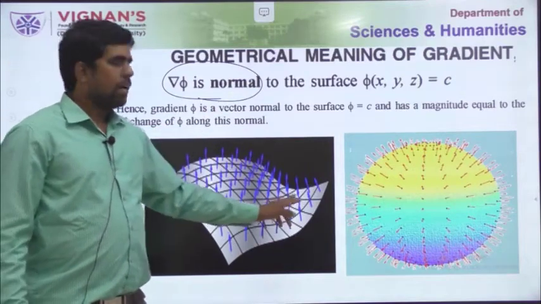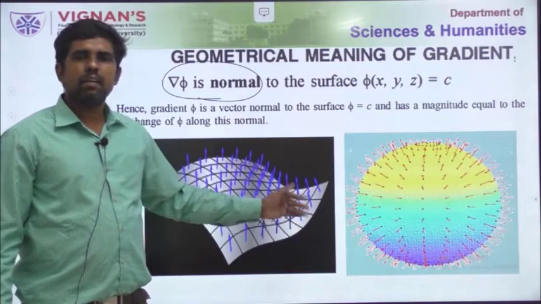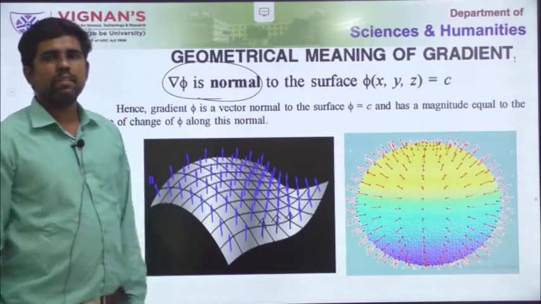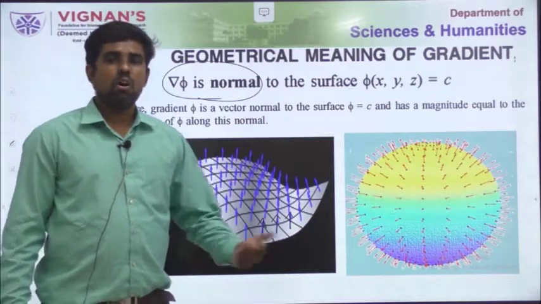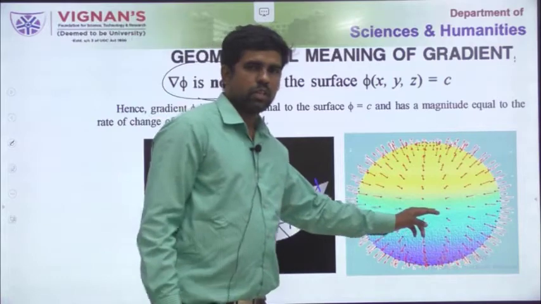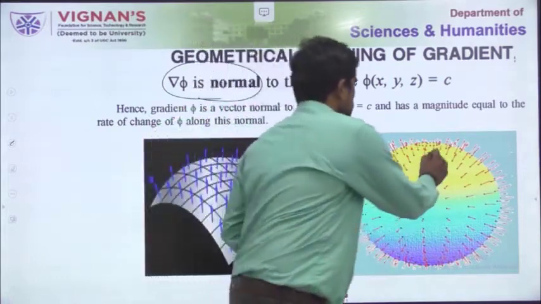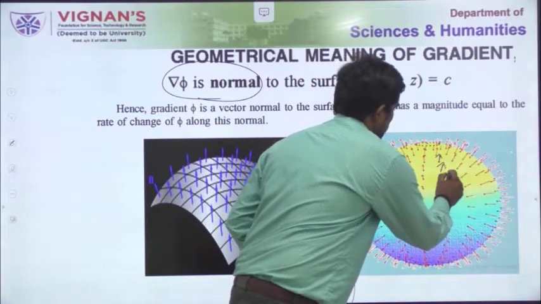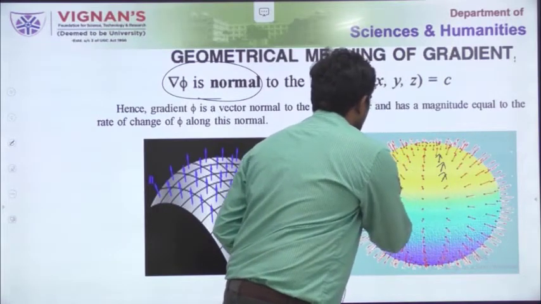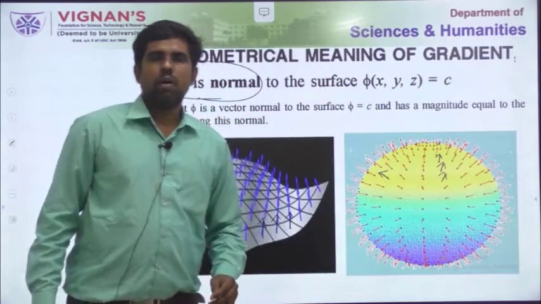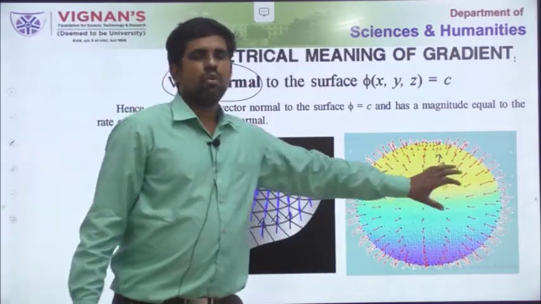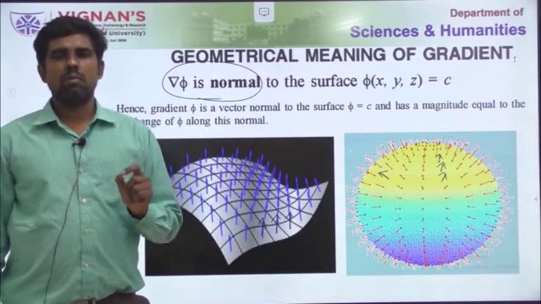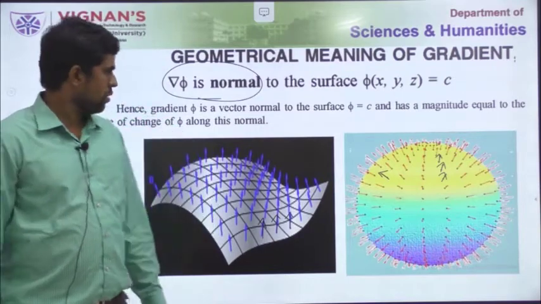A wave format will be there in a general surface, so it will vary point to point, that is called del phi or normal vector. Here also you can understand a normal vector at this point, a normal vector at this point, a normal vector at this point. So it is not in the same direction at all points, it will vary point to point. So what you have to understand is that del phi is nothing but a perpendicular vector or normal vector to the surface.